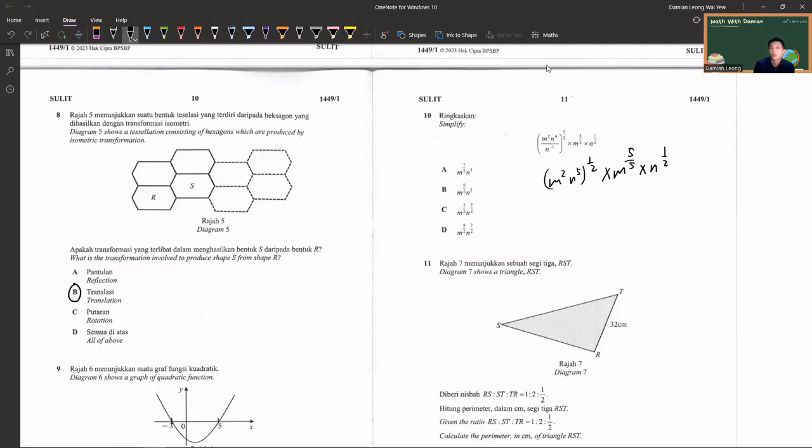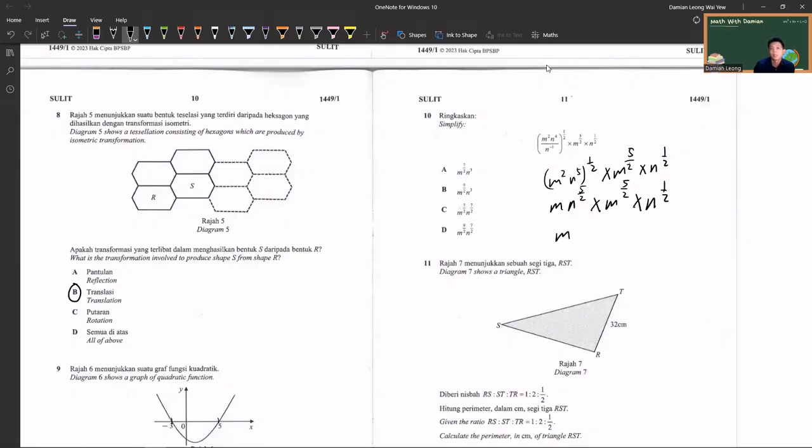When we power half for each item inside. So m square power half, power on top of power, we multiply the two numbers. So it becomes m to the power 1, n to the power 5 times 1 over 2, 5 over 2, times m to the power 5 over 2 times n to the power half.